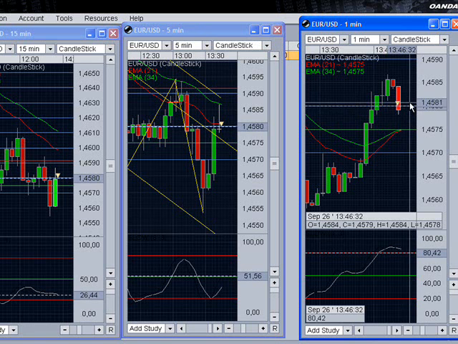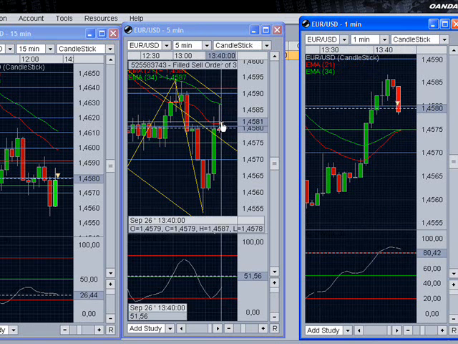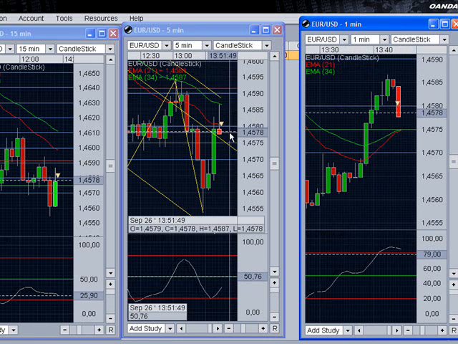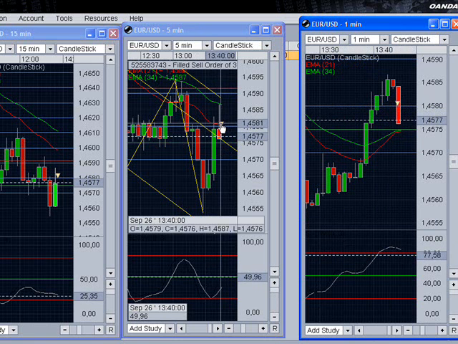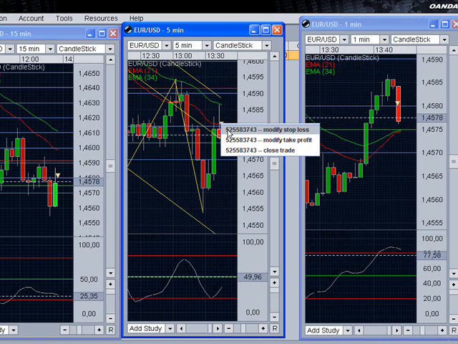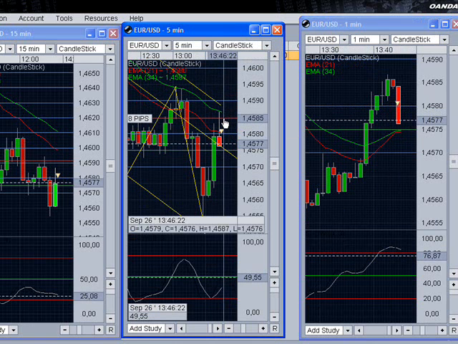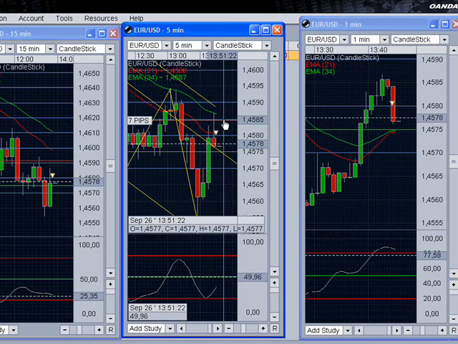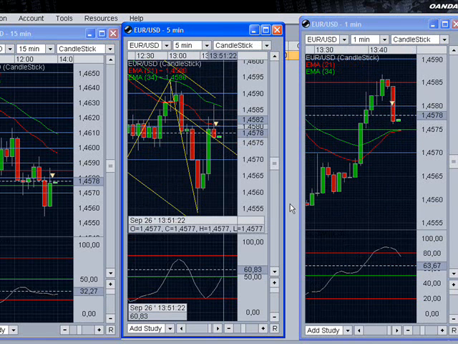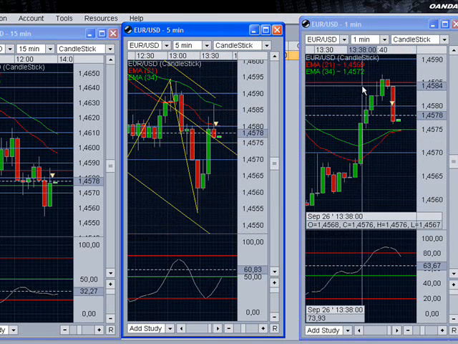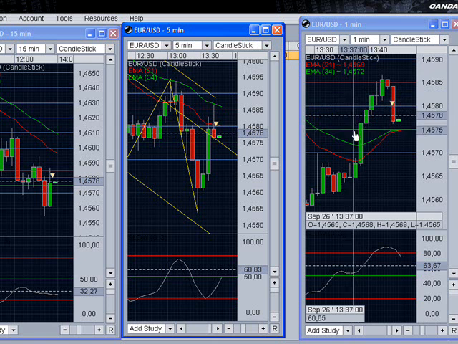The price keeps on going on our side. I will move now the stop loss to protect my position, so in case something goes wrong I will lose less. Okay, I bring it down. I brought the stop loss a little bit closer.